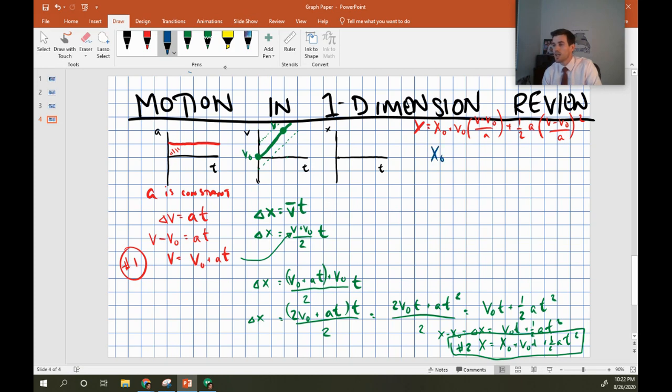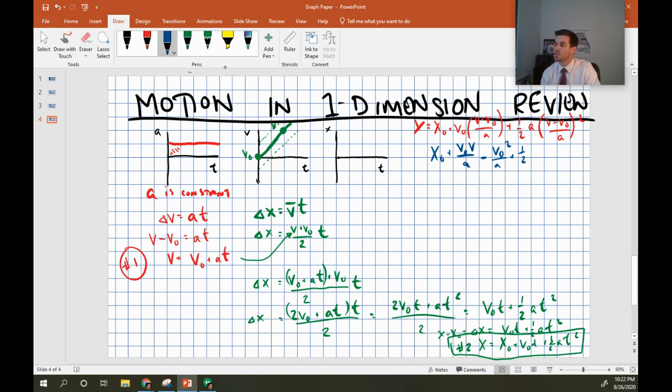This becomes x naught plus this. I'm going to distribute the v naught, so it's v naught v over a minus v naught squared over a, because I distribute it over a, plus 1/2. I'm going to distribute the a into here.